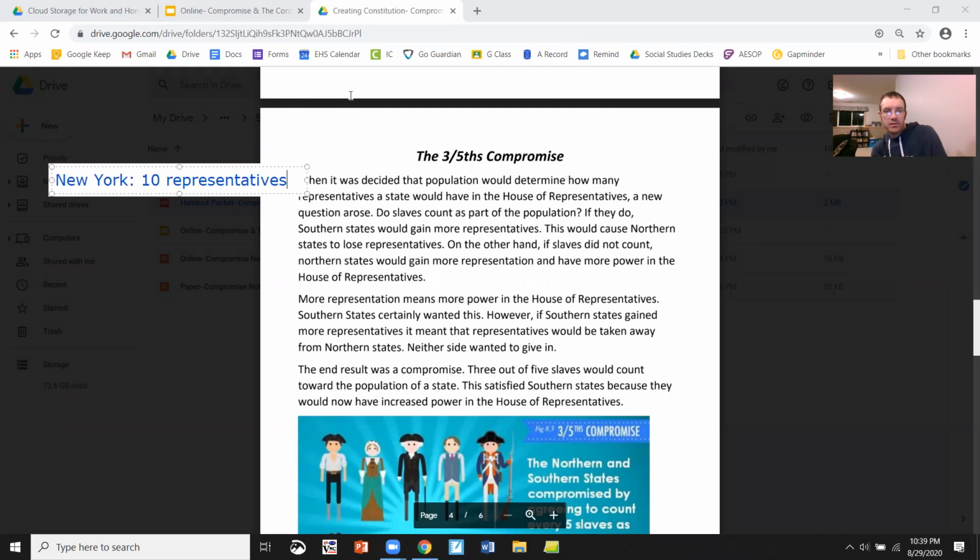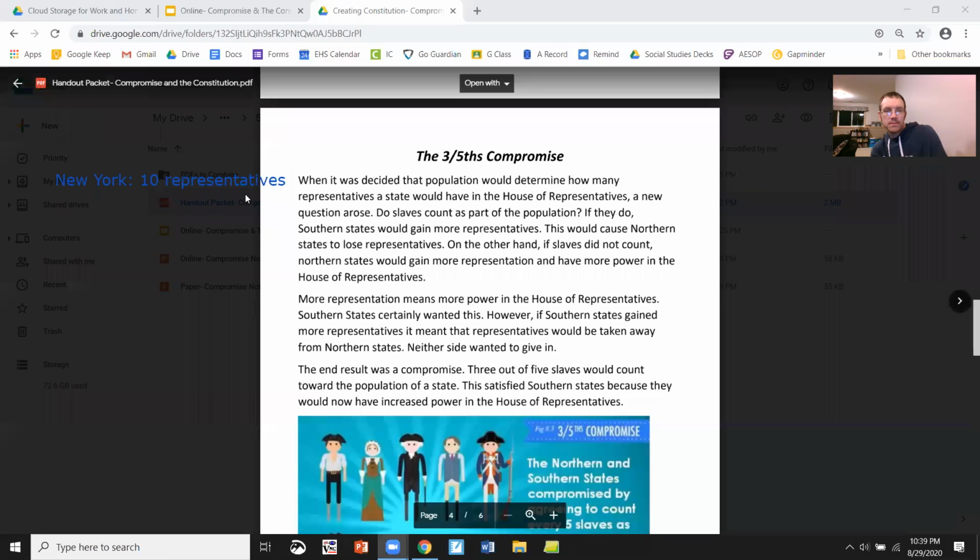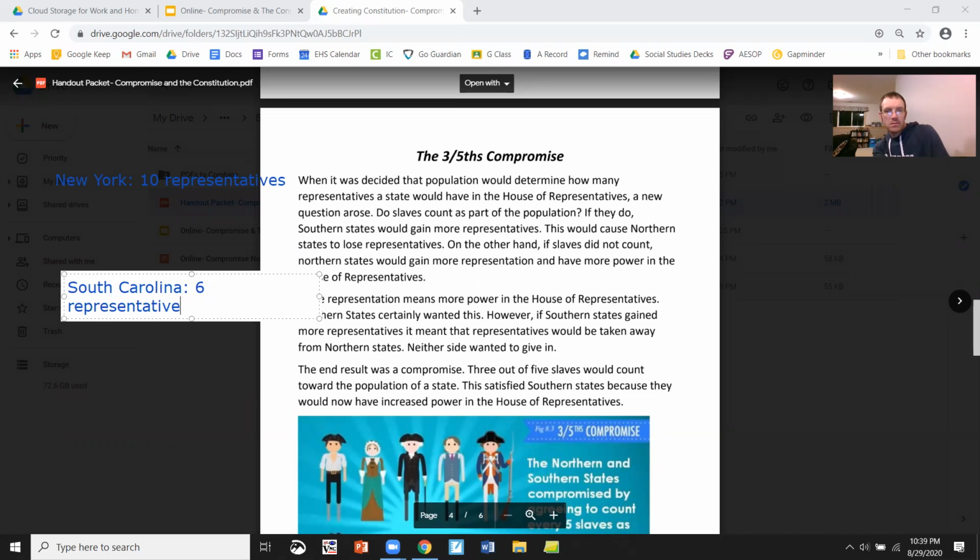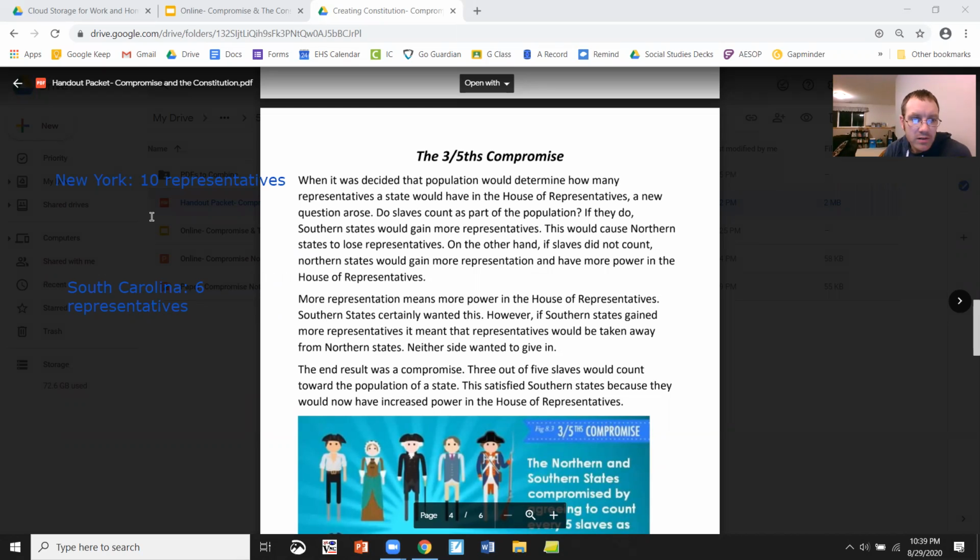It's fictional, that's okay. Now, let's go with South Carolina. Let's say that South Carolina has 6 representatives. Perfect. Okay, so obviously New York has more and South Carolina has less.